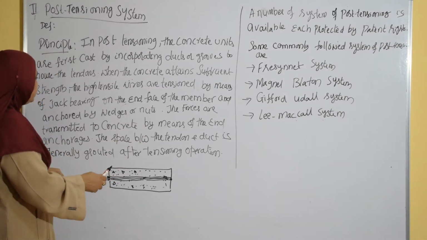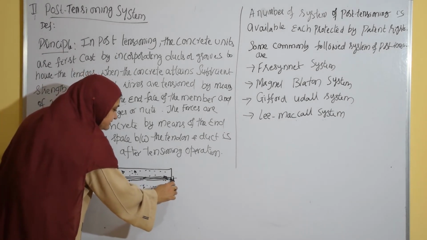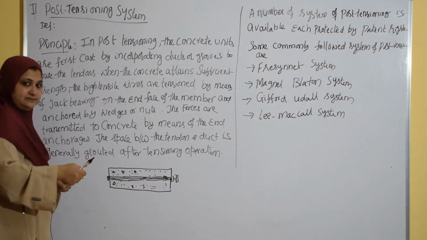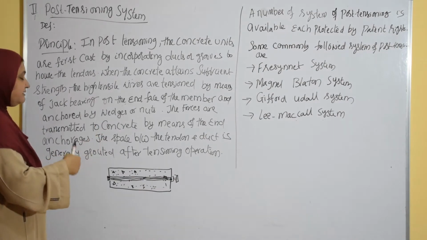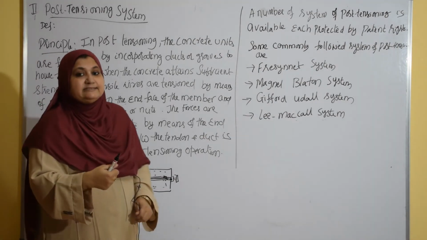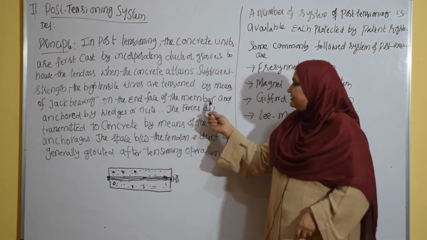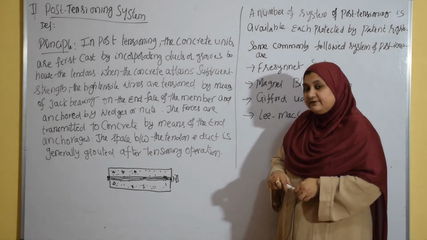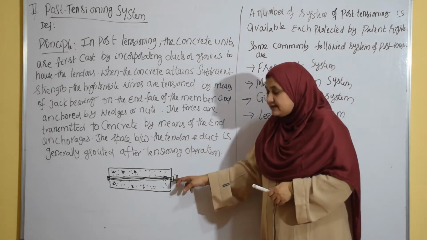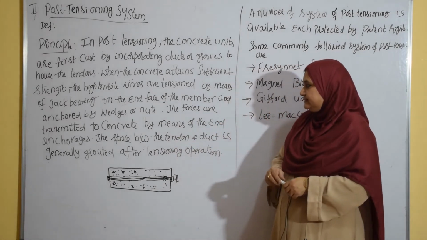Then they are tensioned by means of a jack bearing on the end face. So here there will be a jack bearing, we will fix it. Then the high tensile wires will be tensioned by the jack bearing on the end face of the member. Once that is done, you will anchor those high tensile wires using wedges or nuts.